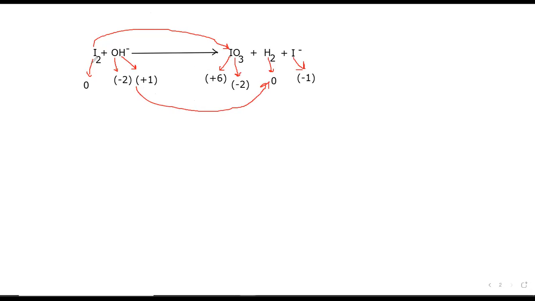So where you have an increase in a number, like for example 0 to +6, we refer to that as oxidation. Don't judge me, guys. My hand is freezing. I mean the handwriting is not really pretty, I know. But back to business now. So where you have a positive number to a lesser number, there is going to be reduction. Okay, there we go.